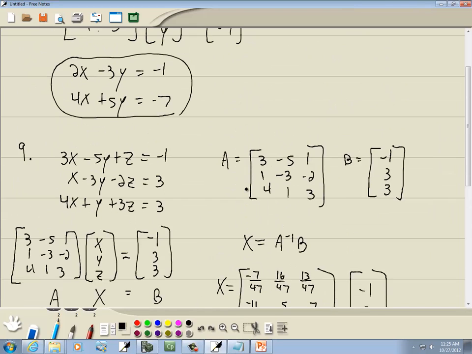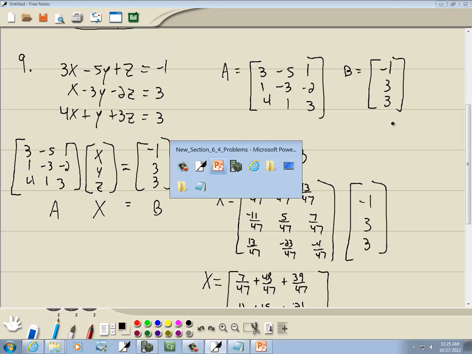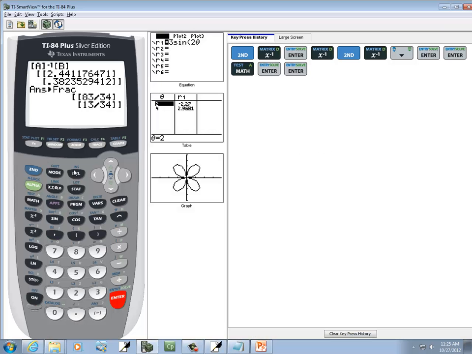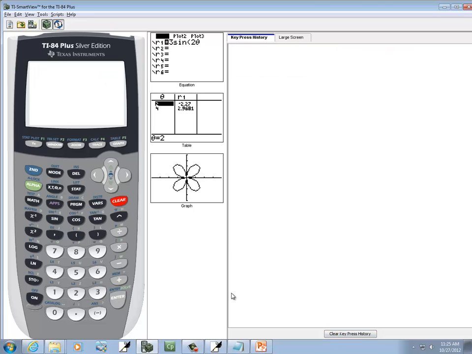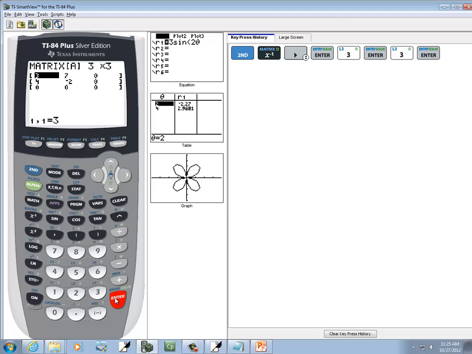Okay. If I was going to do this on the calculator, again, not everybody has the RREF method. I put in A and B in my calculator. So go into my matrix menu, right arrow over to edit, enter on A. It's a 3 by 3, so we do 3 enter, 3 enter. Let me grab a drink here.